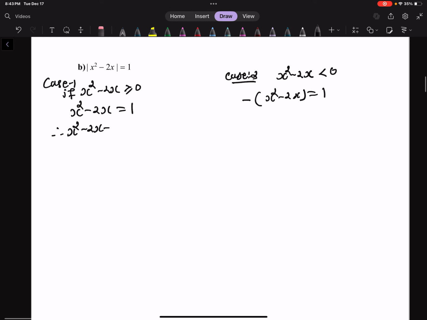Take everything to the left-hand side. To solve a quadratic equation, we know that we can use the factoring method, completing the square method, or the quadratic formula. Here factoring is not possible, so we can use the quadratic formula. The value of a is 1, b is negative 2, and c is negative 1.